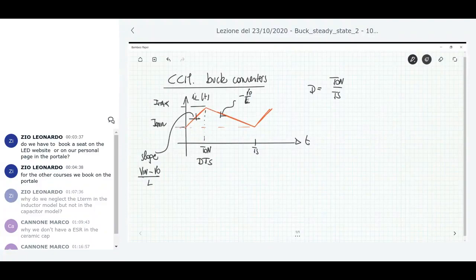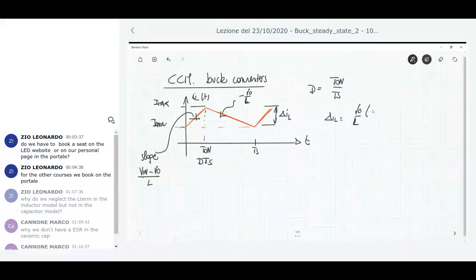From these two slopes, we can define the current ripple. Current ripple is the peak-to-peak variation of inductor current. This current ripple is simply Vo over L, which multiplies the time interval, which is Ts minus T on.